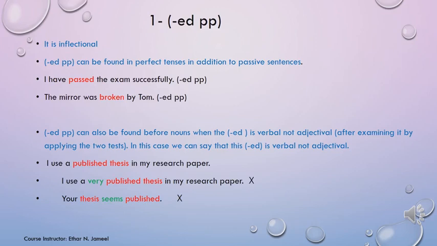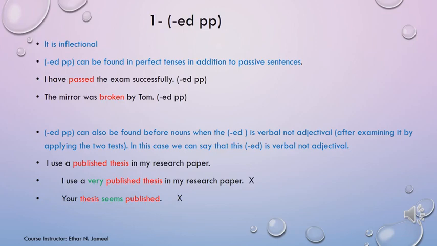And this -ed is not a suffix, it is an infix. So -ed past participle in broken comes in the form of an infix. However, it is -ed past participle, which is an inflectional affix. So in perfect tenses and in passive sentences, we have -ed past participle.